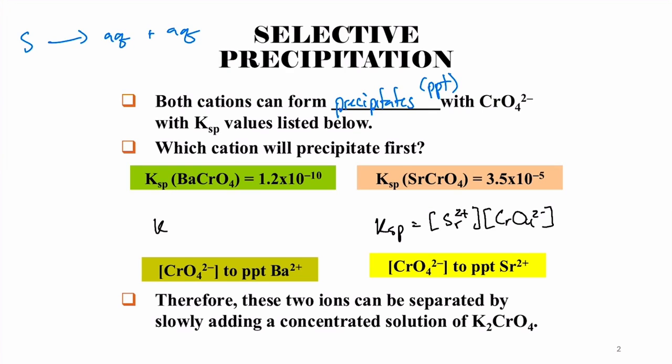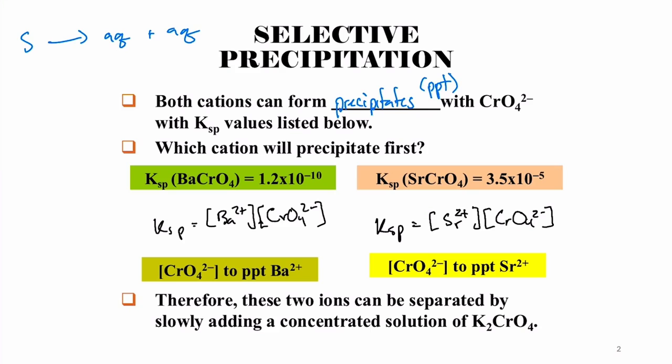KSP here is equal to Ba2+ times CrO4 2-, right? This means that the concentration of these at equilibrium is larger than the concentration of these at equilibrium. If we have more of these, and each of these are the aqueous ions, right? These are the ones that are in the aqueous phase.